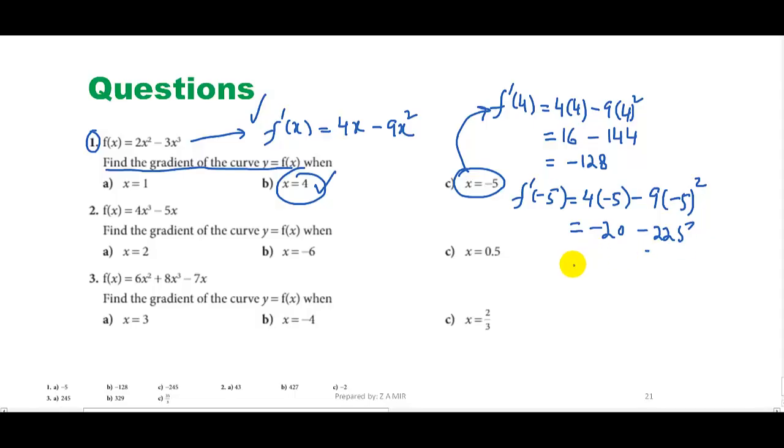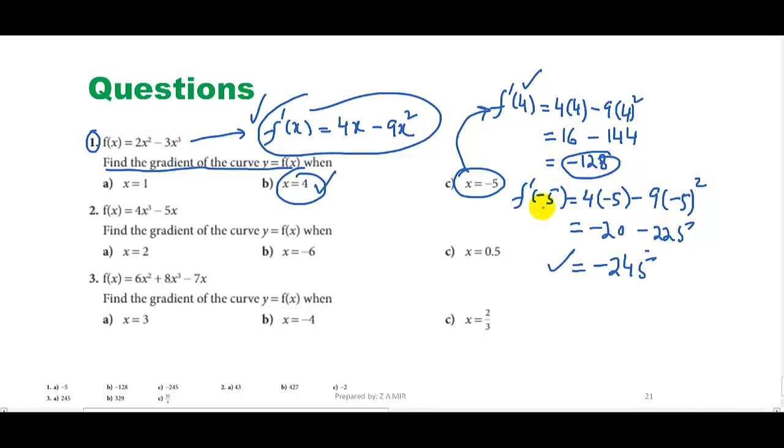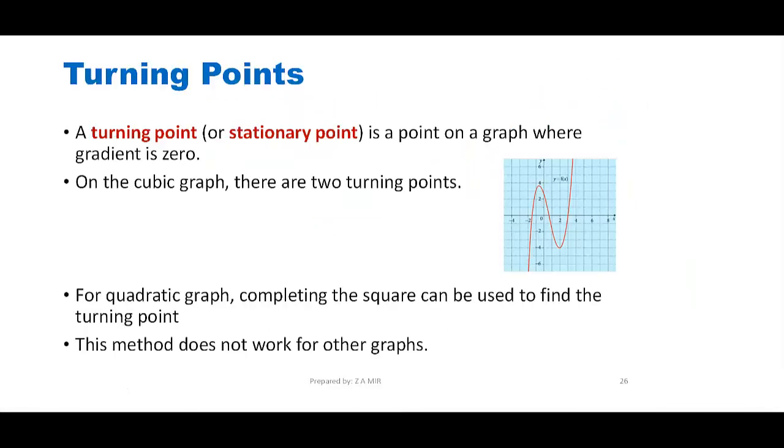And 225 minus 20 is minus 245. So this is the gradient of the function when x is minus 5. You can see we used the same gradient function and found the gradient at 4, which is minus 128, and the gradient at minus 5, which is minus 245. Gradients are different because the points are different.